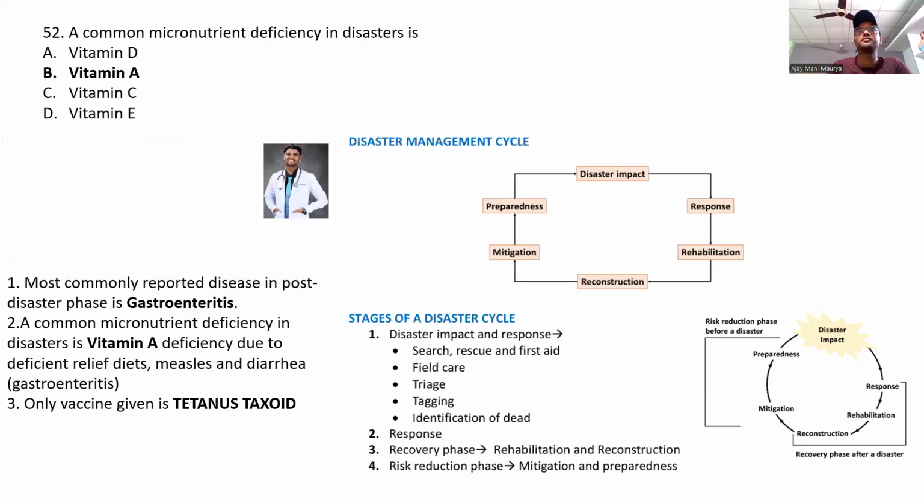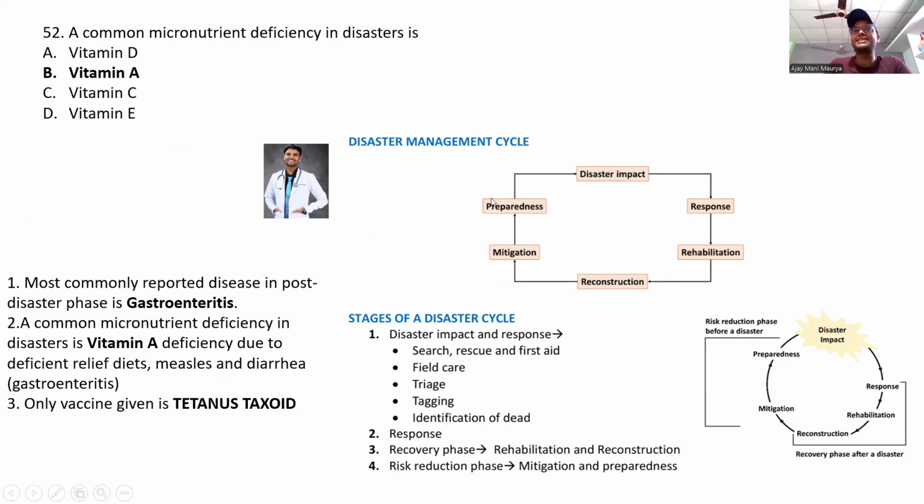It's more than enough. Next one is the common micronutrient deficiency in a disaster. See, every time there is one question from disaster, guys. The most common disease reported in the post-disaster phase is gastroenteritis, and the common micronutrient deficiency is vitamin A. Okay? And also the only vaccine given is tetanus toxoid.